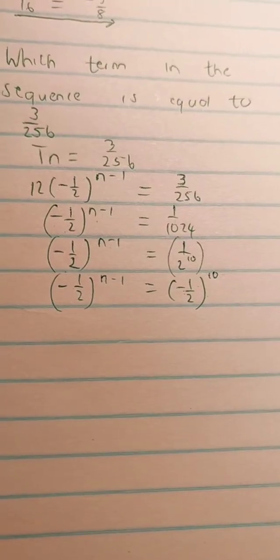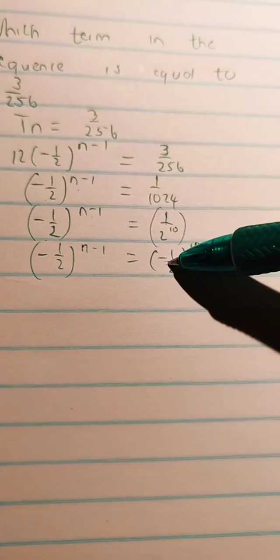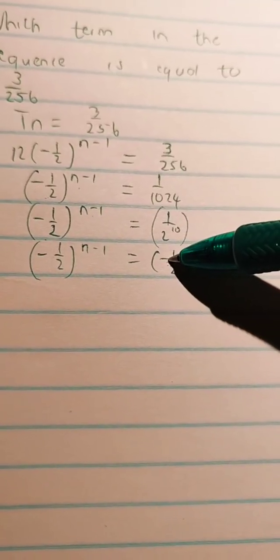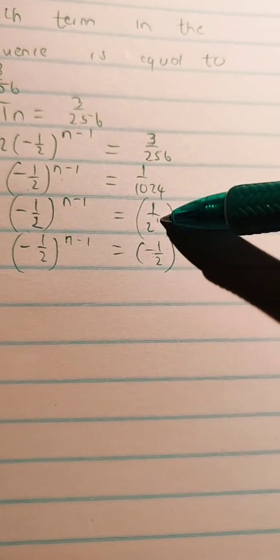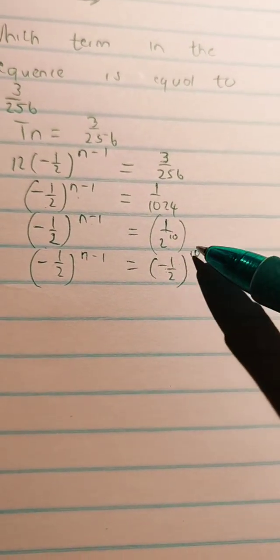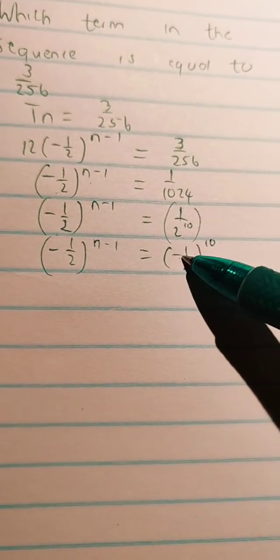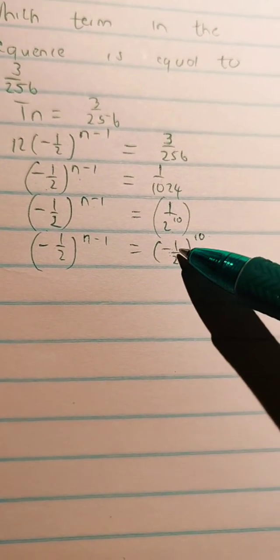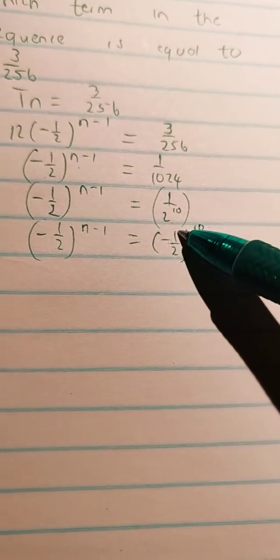I want to repeat this again. People are going to ask, where did I get the negative sign from? Like I said, this is 1 over 2 to the power 10. Remember, the 10 is external to the fraction. If I apply the exponent 10 to 1, it still gives me 1, because 1 to the power 10 is 1.